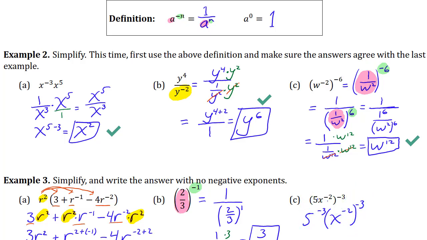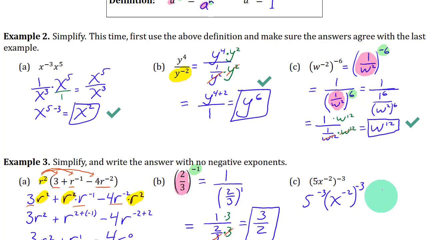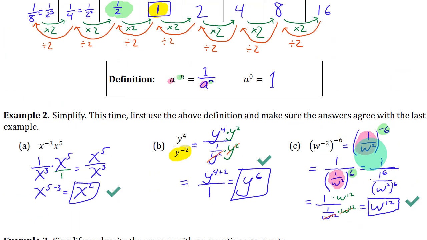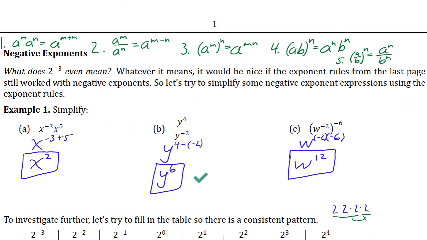Okay, so what can we do with this? Well, 5 to the negative 3, you can use the definition to rewrite that as 1 over 5 to the power 3. And x to the negative 2 to the negative 3, that's a power to a power, so rule number 3 works for that.